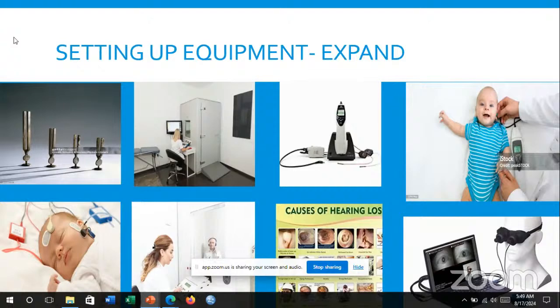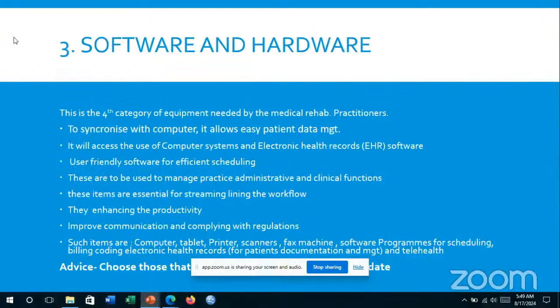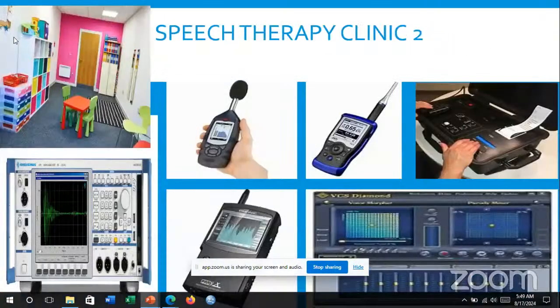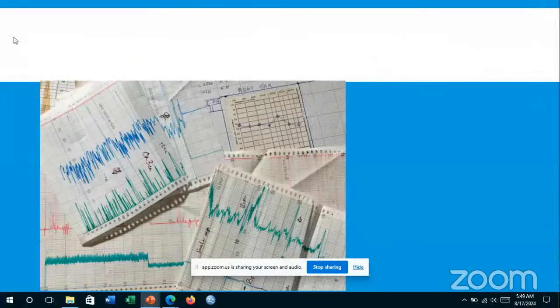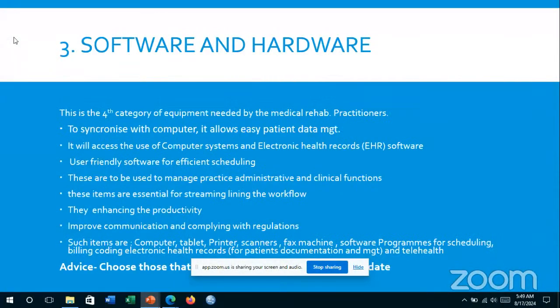So the third category of the equipment and consumables that we listed in the first slide is software and hardware. Taking it to digital level, when you are synchronizing, all you are doing is computer. It will help you have access to electronic health records software.